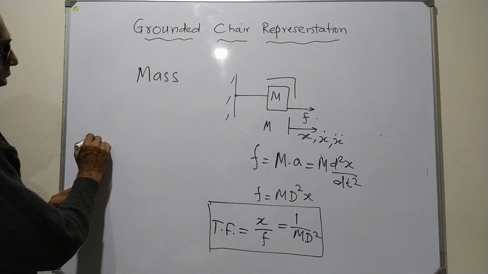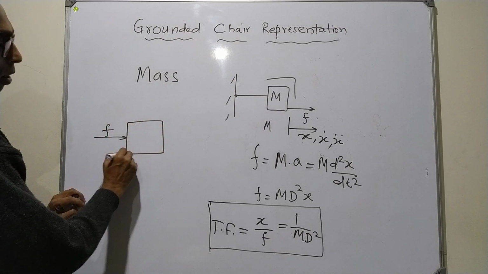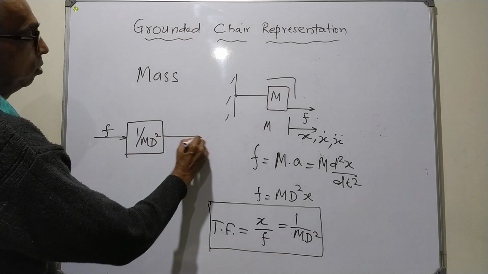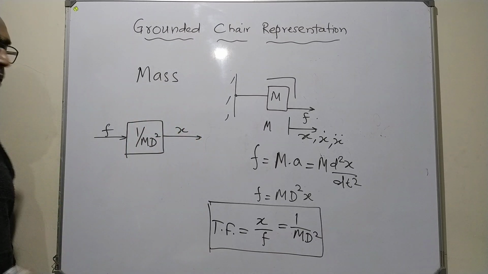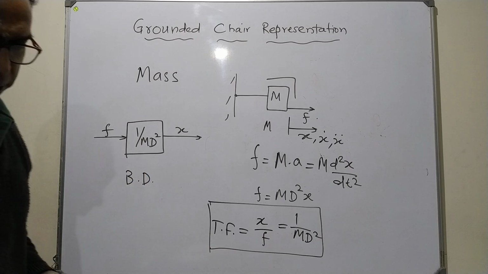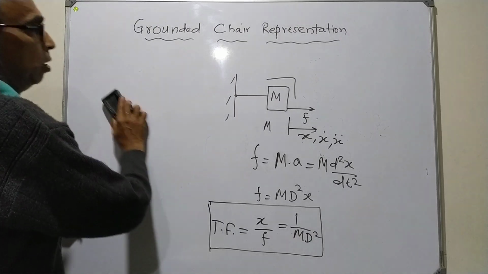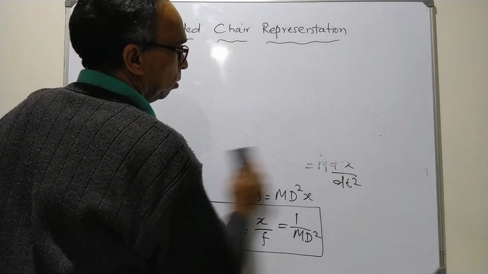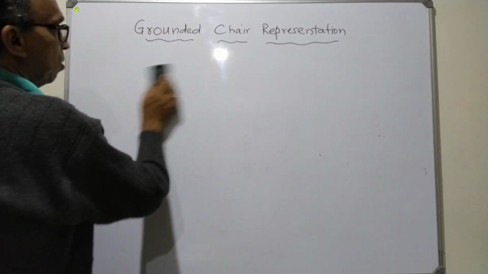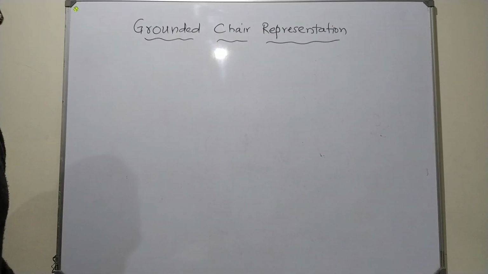And the block diagram representation was, input is F into 1 upon mD squared gives me X. This was the block diagram representation for this mass. So these were the three basic elements we have used for writing the equation of operation and finding the transfer function and having block diagram representation.